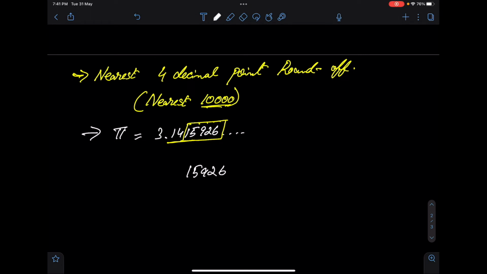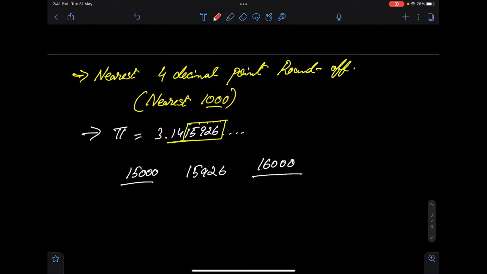We write both the groups, that will be 15,000 and 16,000. Sorry, this should be nearest 1,000. I missed the trick. So we have 15,000 on this side, 16,000 on this side. Now how do we do the thing? We consider the last three digits because we are doing 1000s.